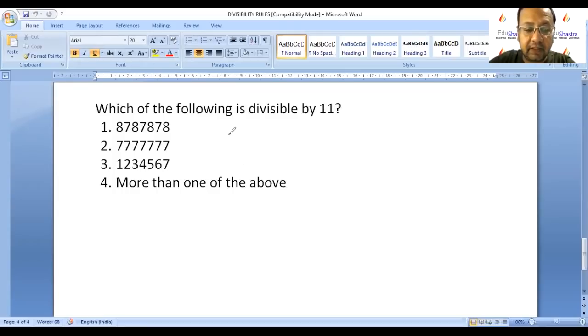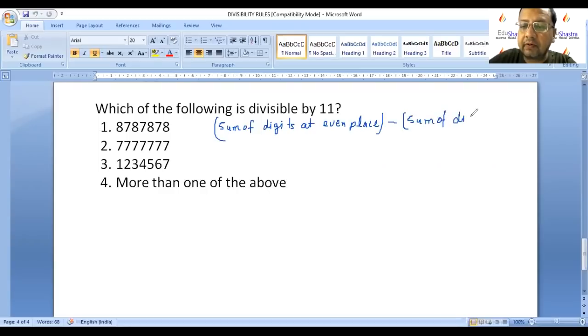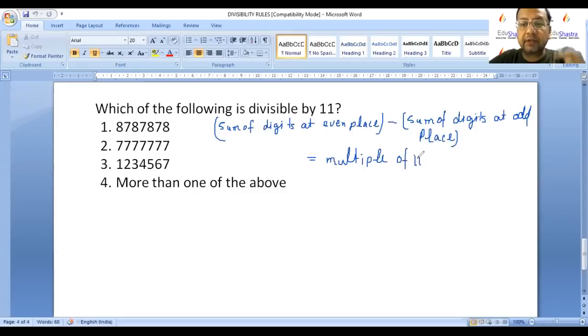The difference of the sum of digits at even places and the sum of digits at odd places should be a multiple of 11, right? So this is my rule.